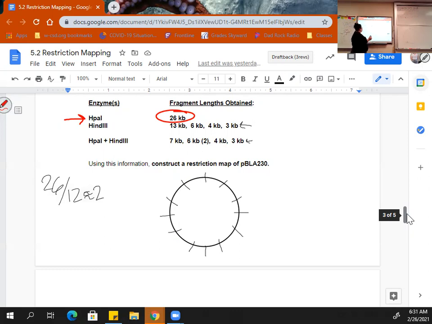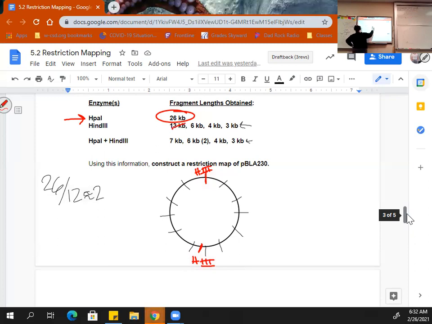Okay. So our HindIII has one fragment that is 13. I typically start at 12 o'clock. So here's going to be our first cut. I'm just going to label it H3. So we need 13. So we go 2, 4, 6, 8, 10, 12, and about 13 is going to be our second H3 cut.